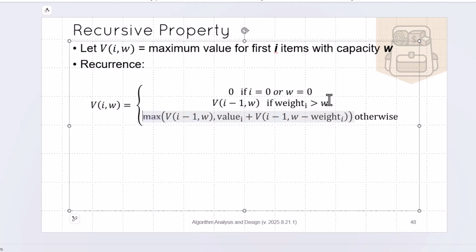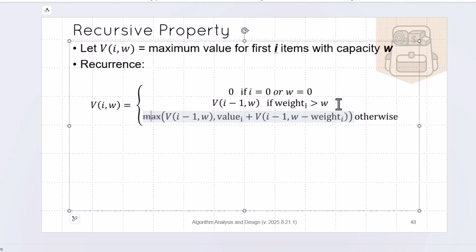So if the weight of the item we're trying to add is greater than the remaining capacity of the knapsack under consideration at this time, we just keep V at i-1, the previous item, and its weight.